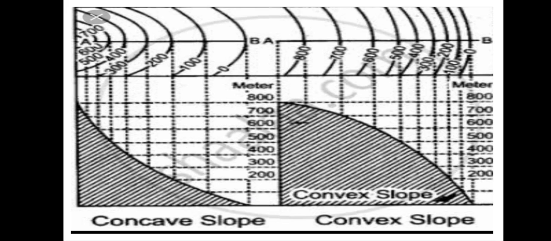And contour lines showing a convex slope on a map will be widely spaced at the top and closely spaced at the bottom. So you can see the difference here in the convex slope also. I hope you understood this difference between concave and convex slope when using contours.